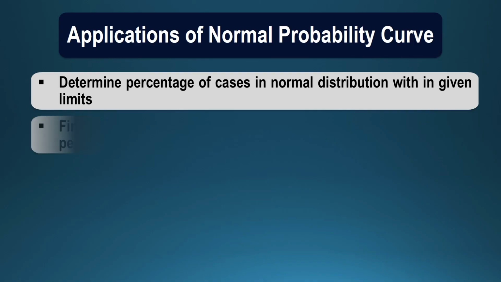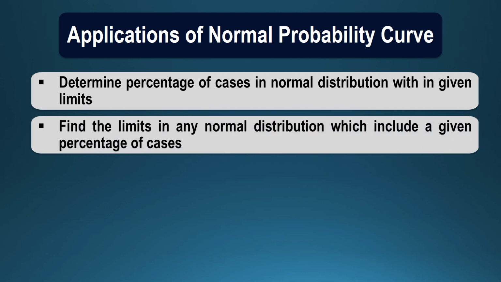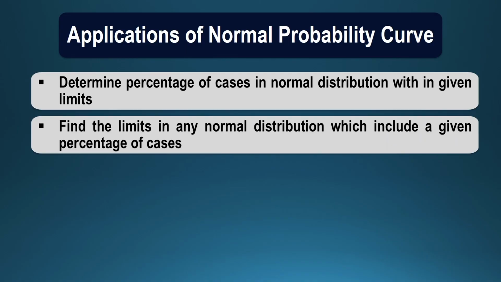Then you can find the limits in any normal distribution which include a given percentage of cases. If you want to know between what scores 75% of the cases lie, you can use normal probability curve and find out.